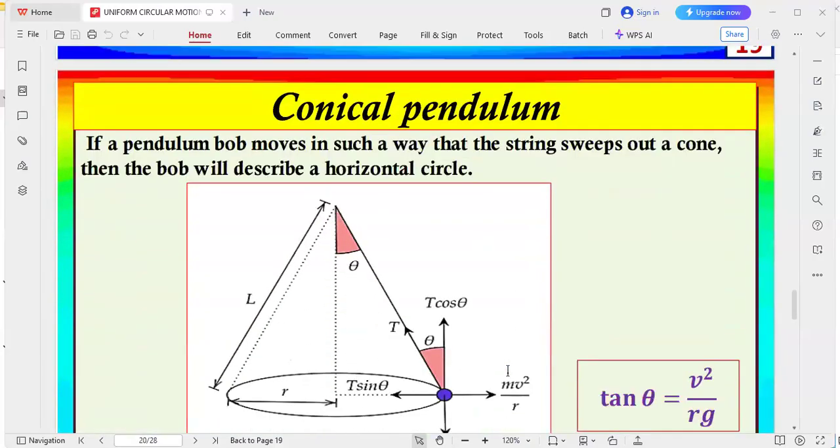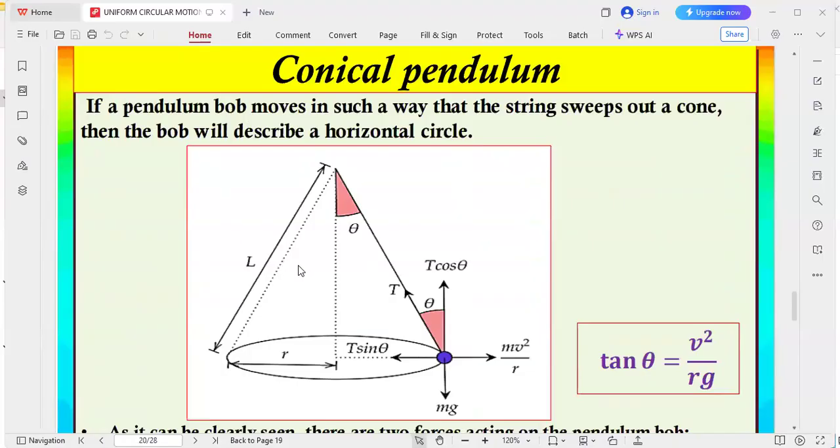The last example is a conical pendulum. This is a pendulum that is being rotated in a circular manner, creating something like a cone. It's attached up there, then inclined at angle theta. Of course, we have tension force in the string. Then we have the other forces acting on it. We have the centripetal force given by T sine theta.